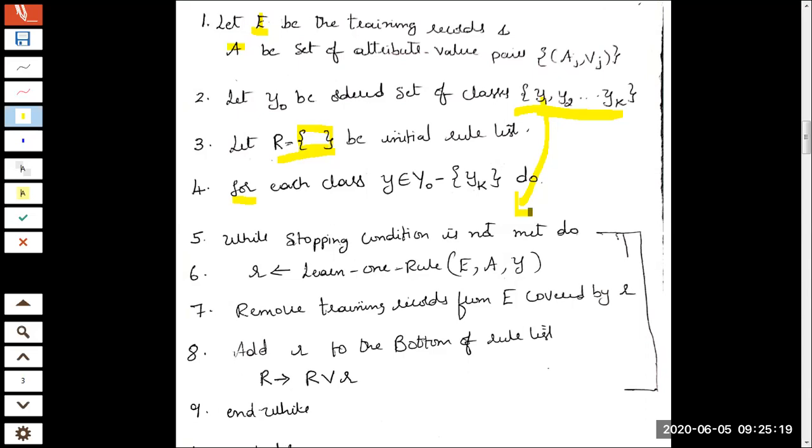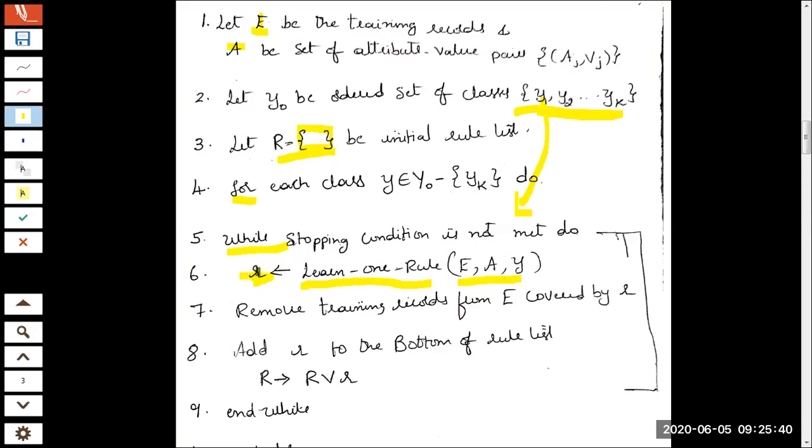We tried to do that by using the while loop. For y1, we entered into the while loop, which had a function learn one rule, with these parameters or arguments. The while loop works in iterations and constructs the rules.